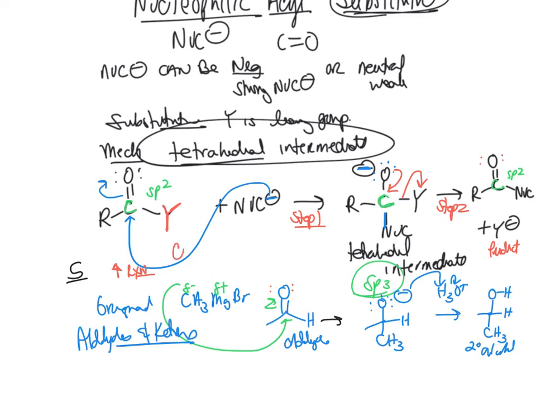So if Y is Cl, that's your best. And then you had the acid anhydride. And then you had your ester. And then the worst was the amide.